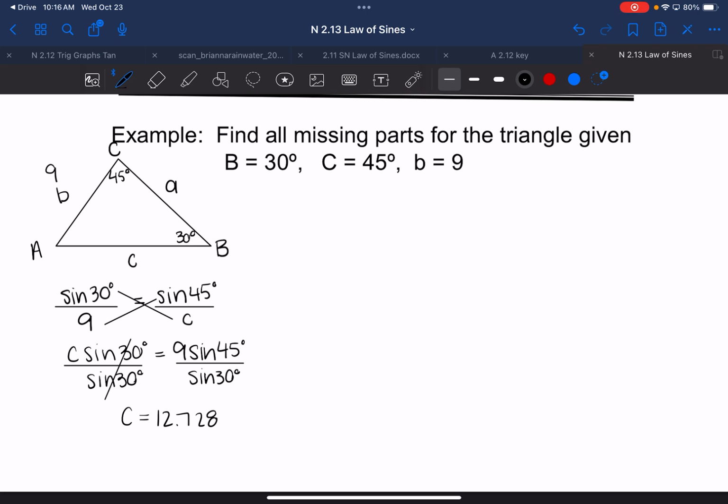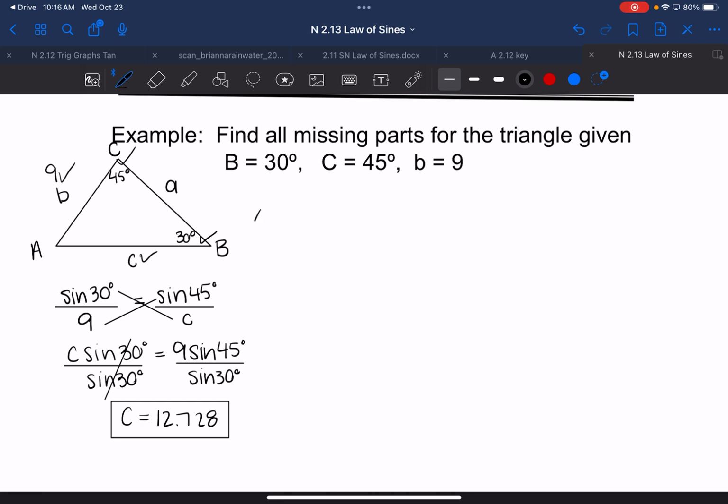All right, perfect. Okay, so we found side C, but it said to find all the missing parts, right? So we now have this piece, this piece, this piece, and this piece. What am I still missing? The A's. Okay. Well, in a triangle, what do we know all the angles add up to? 180. And do we know 2 of the 3? So what could we do to find the third one?